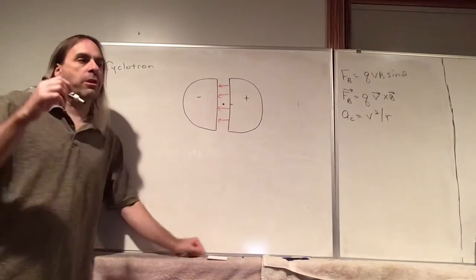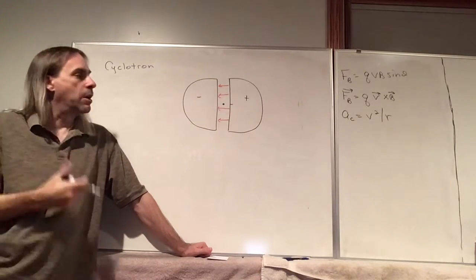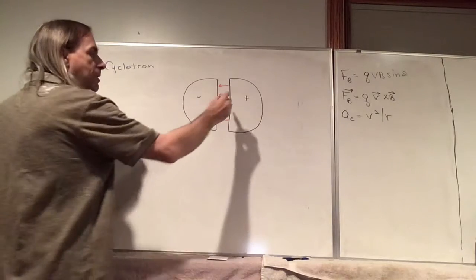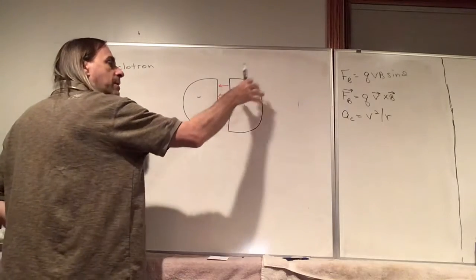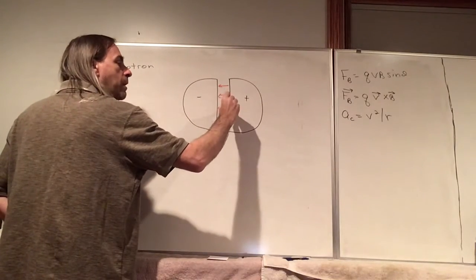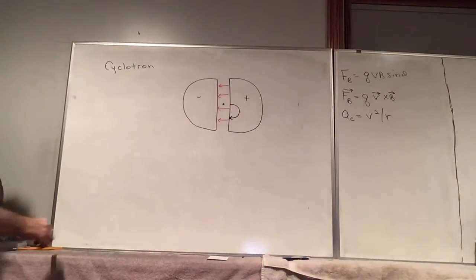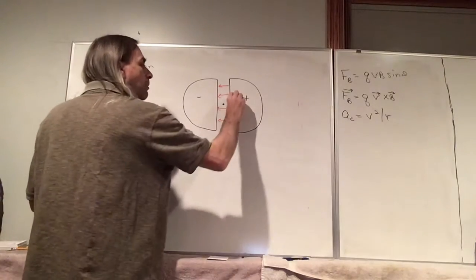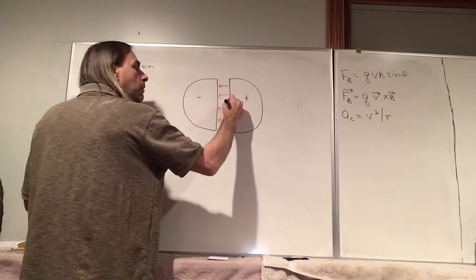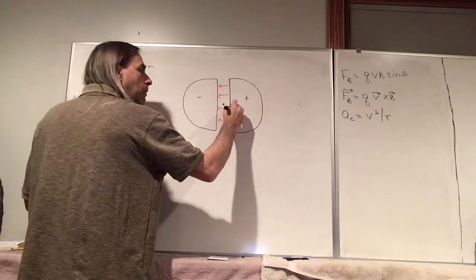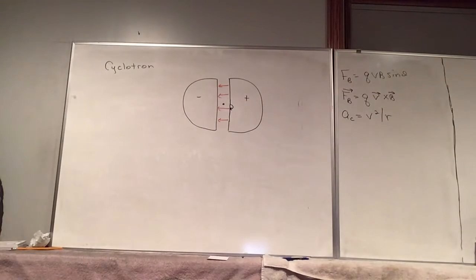Remember, when you have a particle moving in a perpendicular magnetic field, it goes through circular motion, just like the mass spectrometer. There's a magnetic field into the board, and that's going to cause the particle to go through a rather small circle. So say we have a strong magnetic field here.